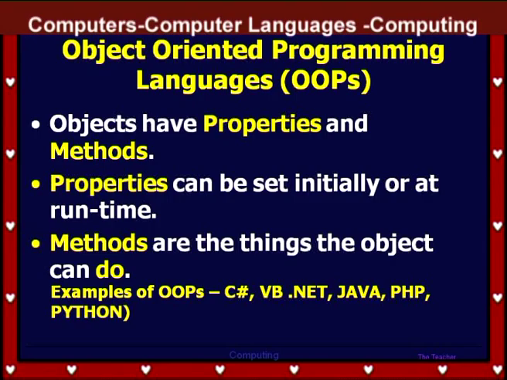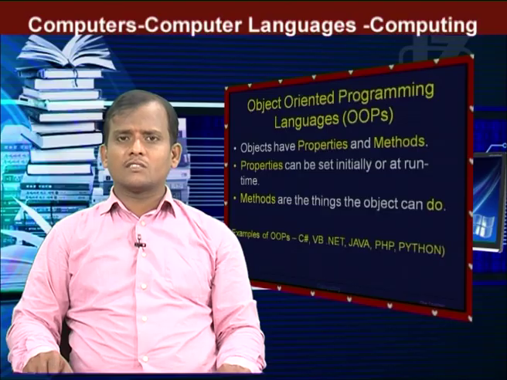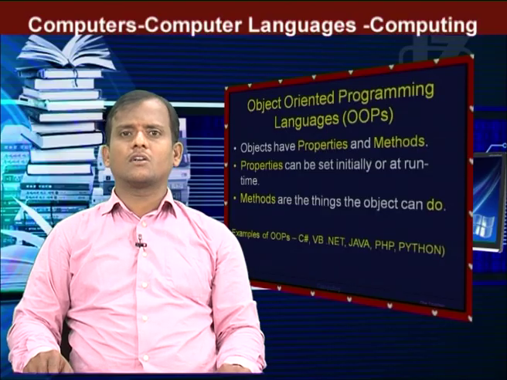This is a very popular language in the industry nowadays, so most of the questions may be asked from object oriented programming language. What is object oriented programming language? What are properties? What are methods? Let's see what the properties and methods are in object oriented programming, and what the features are.